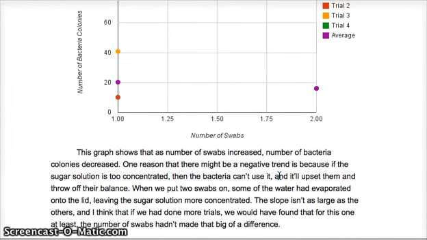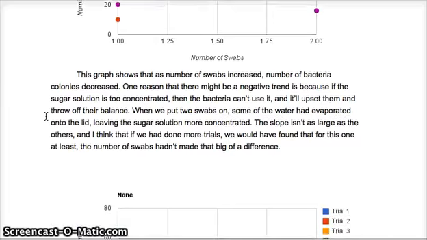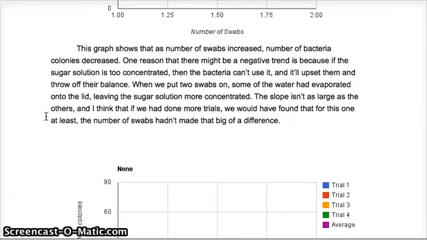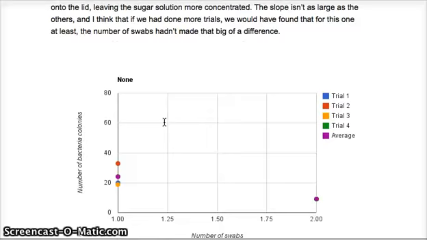We thought this was because most of it was glucose, because it's easier to break down. One reason that there might be a negative trend is because if the sugar solution is too concentrated, then the bacteria can't use it, and it'll upset them and throw off their balance.